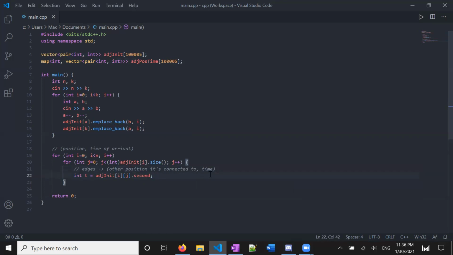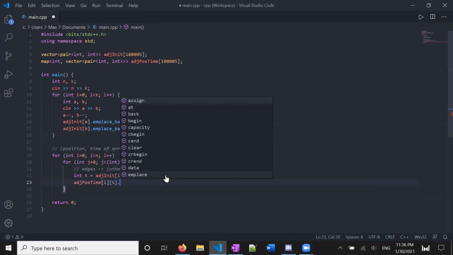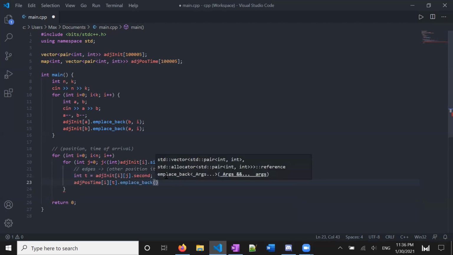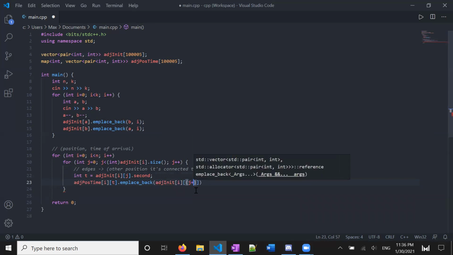Now the next one it's going to go to is just the very next edge, because you notice here that these edges are already sorted based on time, because that's the order that we inserted them into the list. So I'm going to say adjacency position time, sorry. Currently at this position, currently at this time, we have an edge to the very next one, which is going to be adjacency init i, the very next edge.